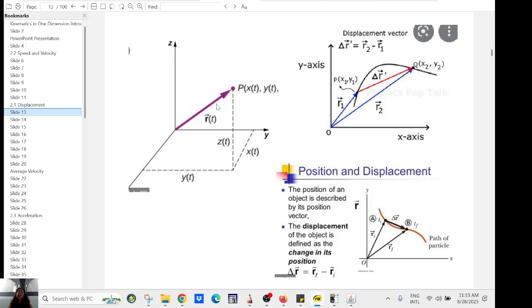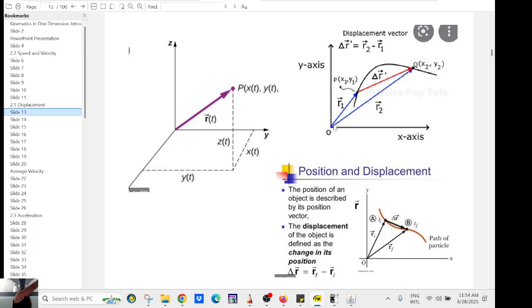So in 3 dimensions, what we call a vector position, okay, you have your frame of reference, that will be the origin. So for example, the origin is here, where I put my feet, and the projector over there, that's my point. So I'm going to point at that projector here.